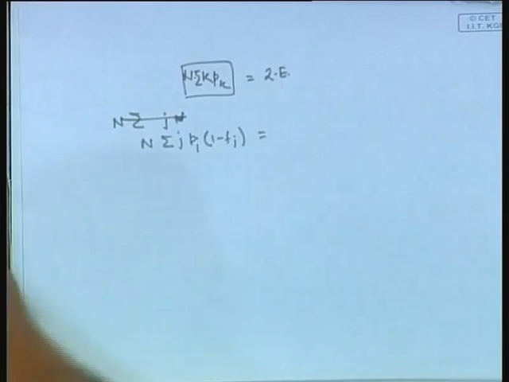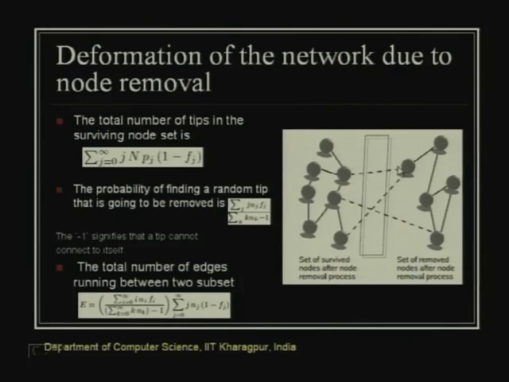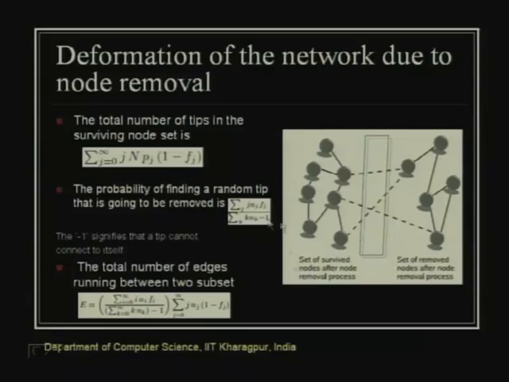So now, a tip may have its other end in this part or in this part. Now I go to this part, Ashish, and I pick up an edge, I pick up a tip. Now, how many tips are left? In the whole network, how many tips are there?